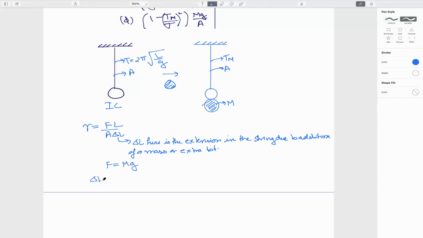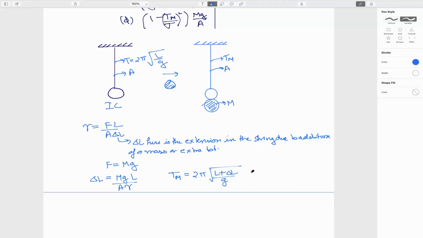So delta L is mgL by A gamma, and the new time period is 2 pi under root of L plus delta L by g.